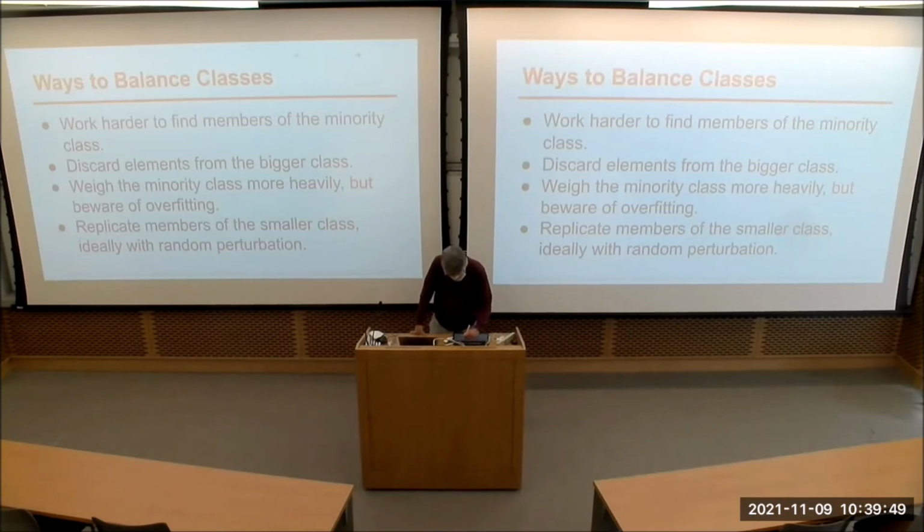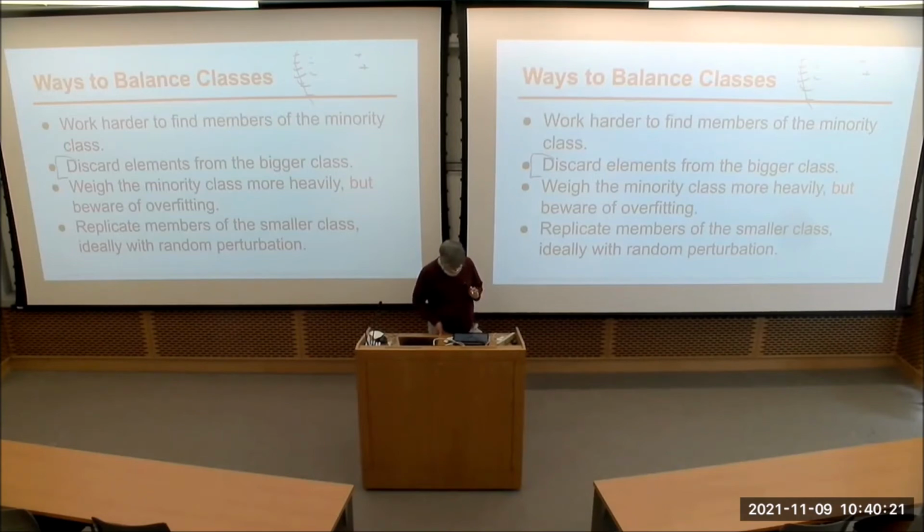Let's say a few positive examples and a lot of negative examples. One way to make it balanced is to delete a lot of the negative examples. If you have one much bigger class than the other, one way to balance it is simply to delete elements from the bigger class.